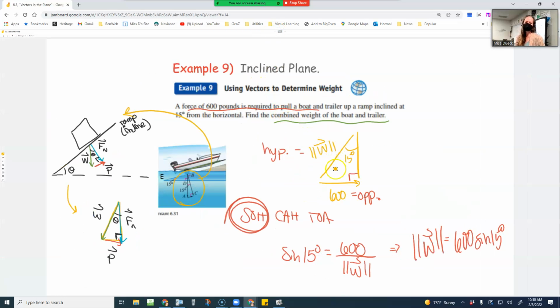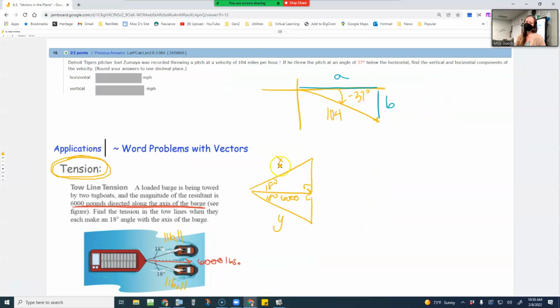Hey guys, just a little bit ago when I had the opposite and an angle, wasn't I able to find the hypotenuse? Yes. So maybe if I have the adjacent and the angle, I can find the hypotenuse as well. So if we just label this guy, he's the adjacent.